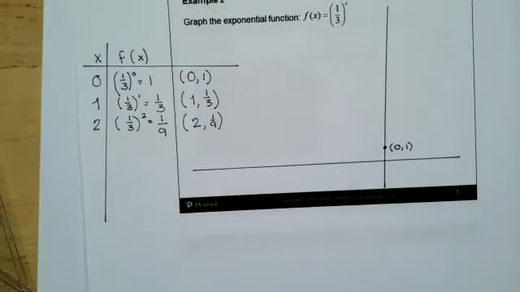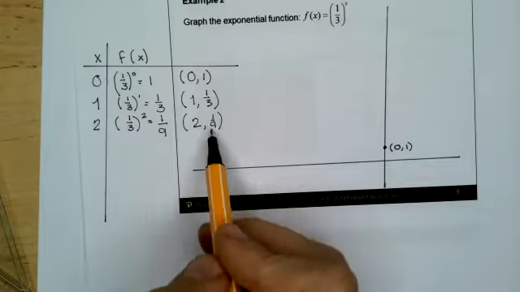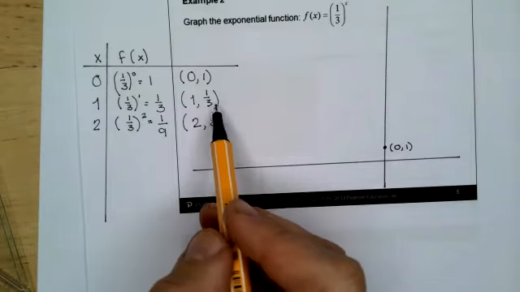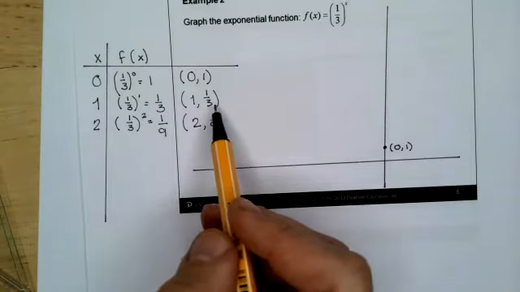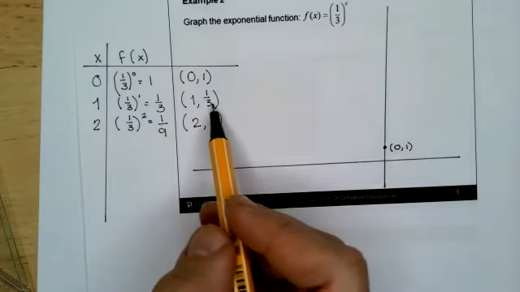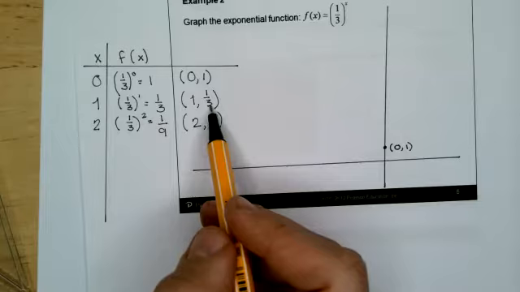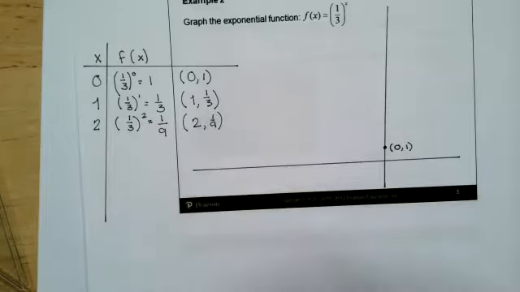It looks like we just flipped over the other graph, because we're switching the negative and positive points. On the exponential growth graph, the point at -1 was at 1/3, and -2 was at 1/9.